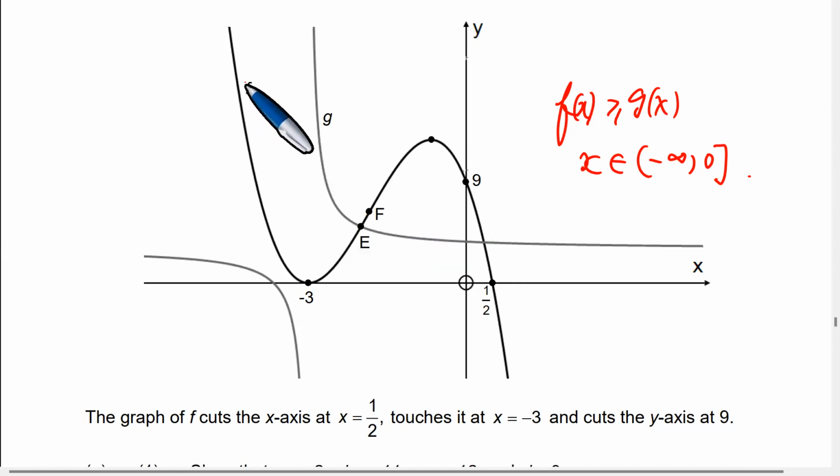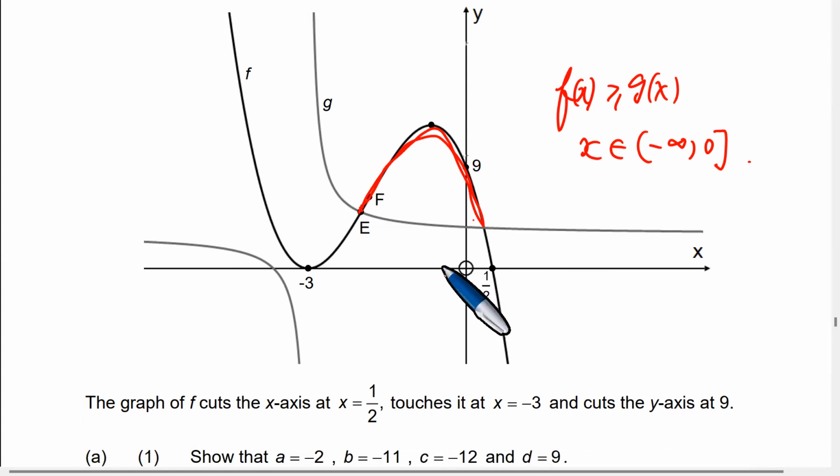Let's see. Here is f, but here f is below. Now here f is above. So f is above g over here. At this point, f is above g. Now, for what values of x? Obviously, we need more information.